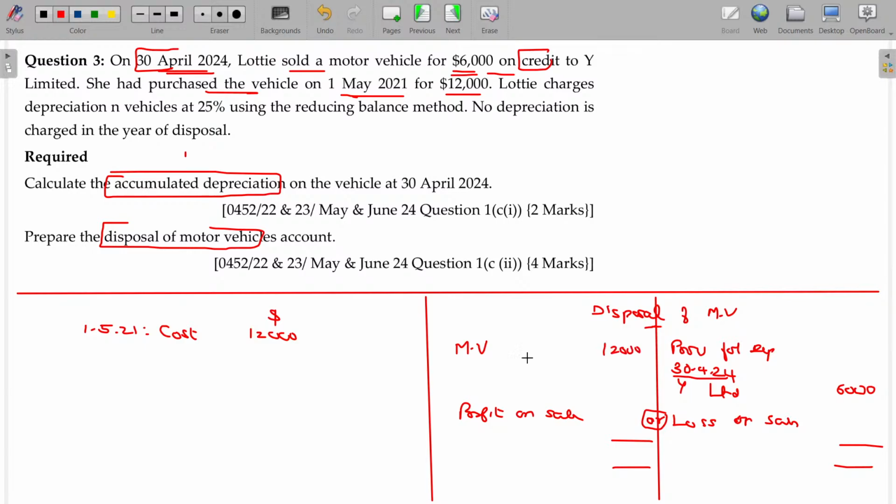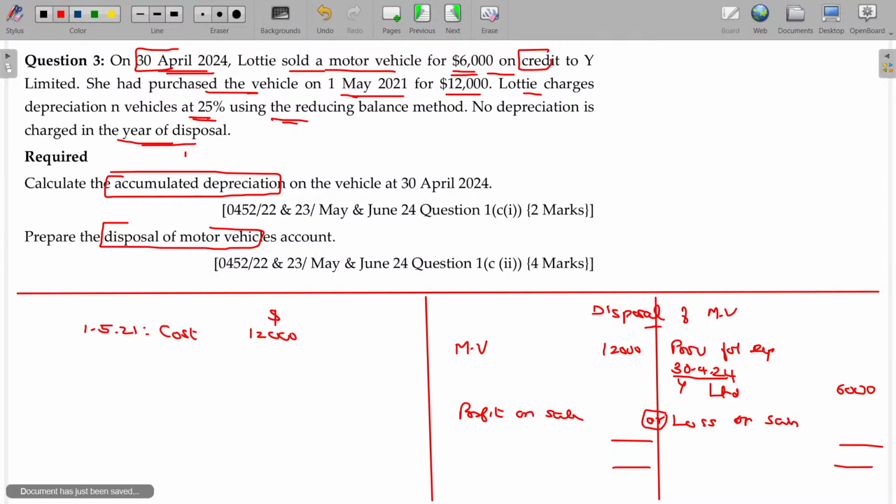It should be shown at the cost value. Lottie charges depreciation on vehicle at 25% using reducing balance method. No depreciation is charged in the year of disposal. Okay. So in the year of disposal, there is no depreciation charged. Clear? Now find out the depreciation.